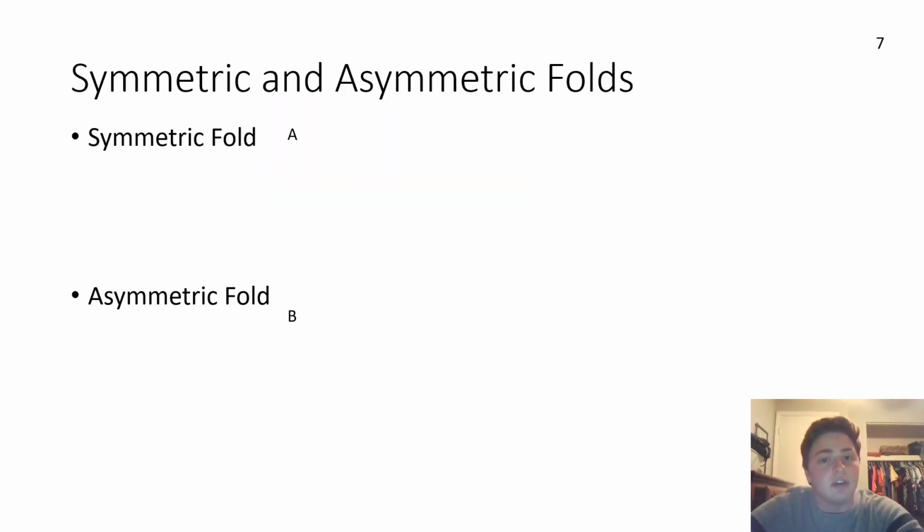Another descriptor that we can use when classifying folds is the positioning and orientation of the axial plane compared to the angle and symmetry of the limbs extending from it.